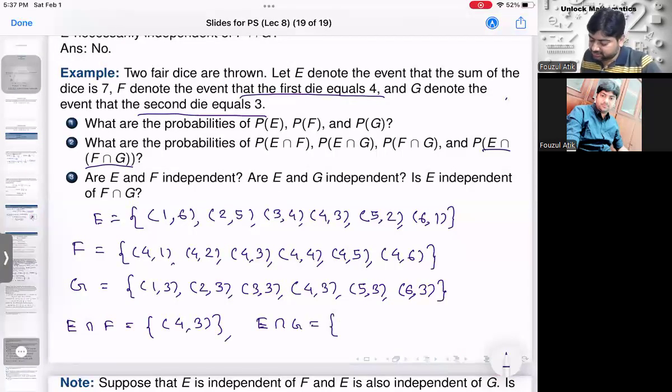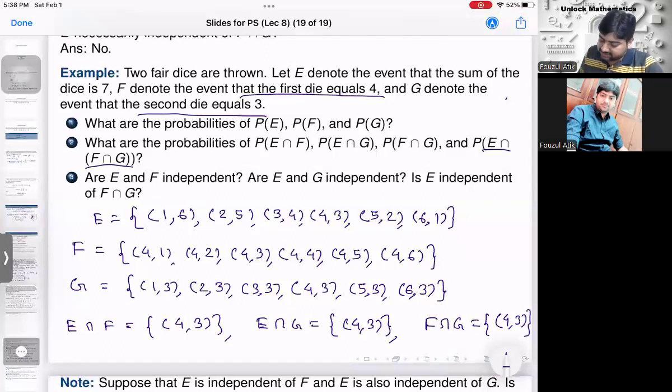E intersection G, it is (4,3). This is the outcome. And F intersection G is what? So it is also again only one, which is (4,3).